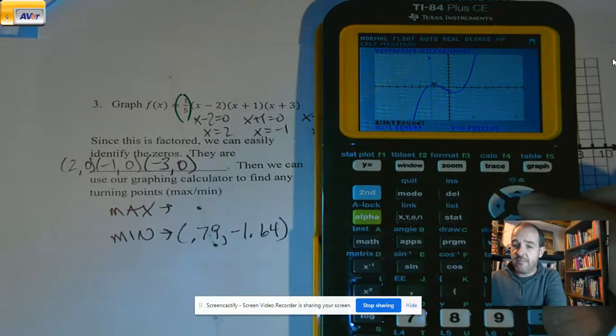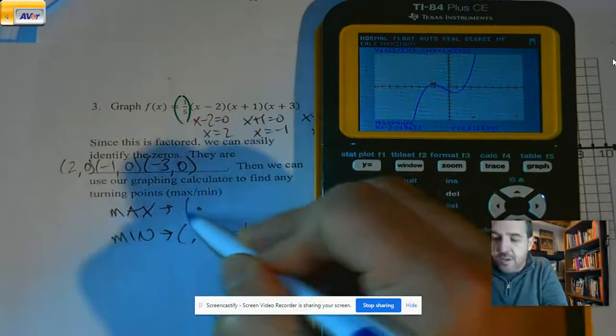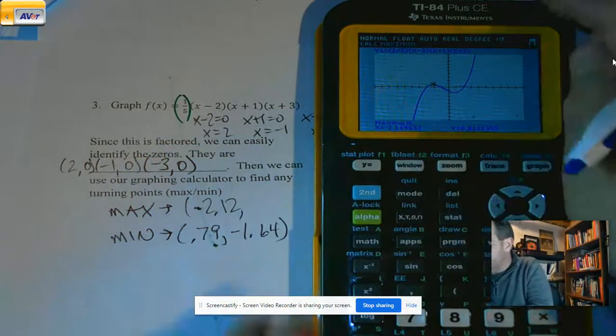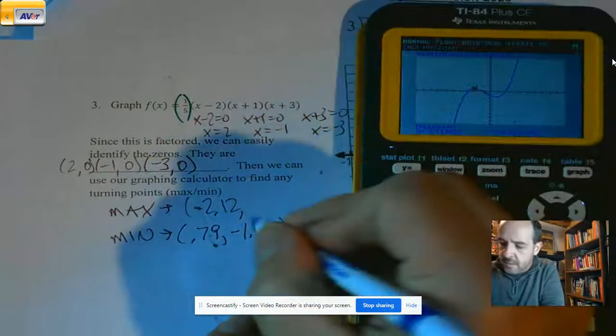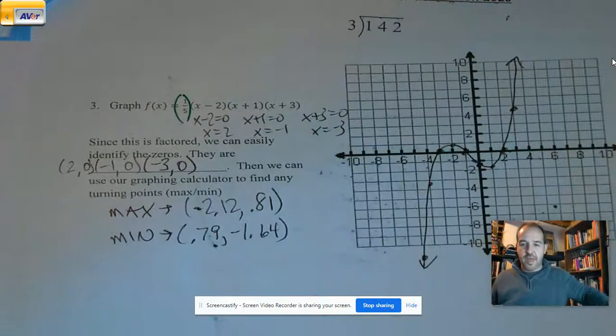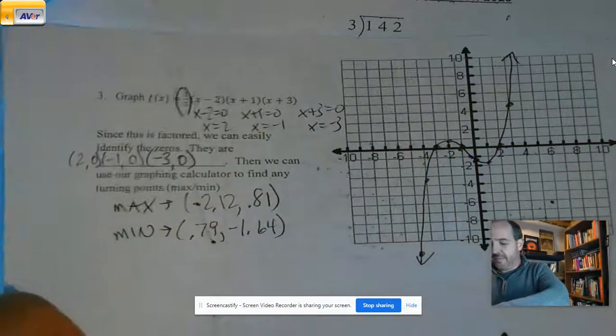Back where I started. 4, 5, 6. Enter. And one more for the actual solution, which is negative 2.12, 0.81, and I can get all the values that I need. A lot of button pressing, okay? A lot of techie stuff.